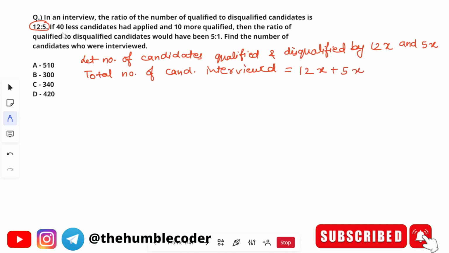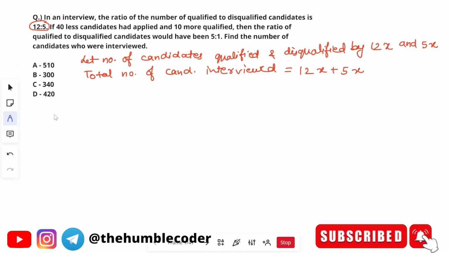Now what is told is, if 40 less candidates had applied and 10 more qualified. So according to this data, we will now form our new equations. 40 less candidates had applied. Before the number of qualified candidates, we have to write the data for the total number of candidates.